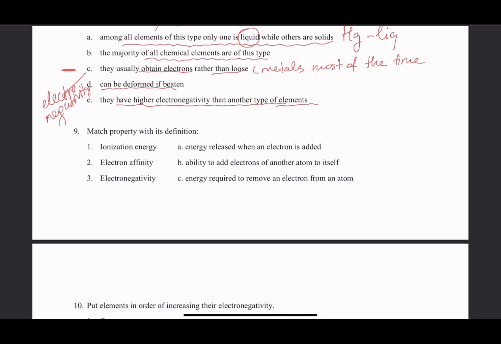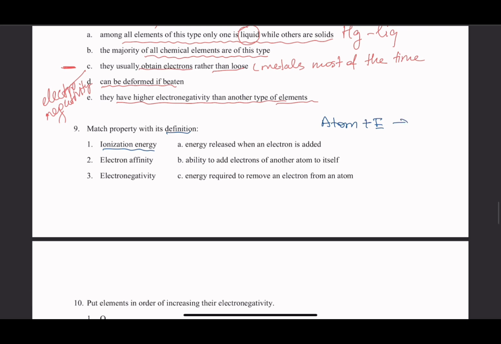So for question 9, I'm going to be talking a little bit about our definitions. I won't just give you a simple explanation, but I will show you what they are. Definition, ionization energy. Ionization is what? When you have an atom and you put energy inside this atom, like you heat it up or do something, it makes an ion with a plus charge, and it loses an electron.